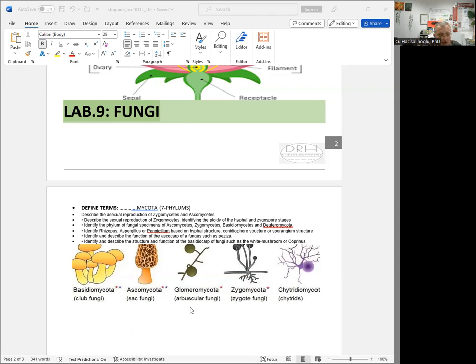The next one is Ascomycota, the sac fungi. Yeast is one of the most well-known species under this, along with morels and truffles. Yeast is a single-cell fungus and a model organism in biology. The next one is Basidiomycota, well known for club fungi that look like an umbrella.